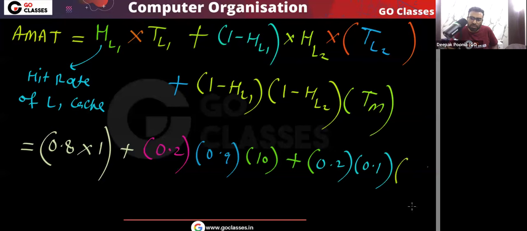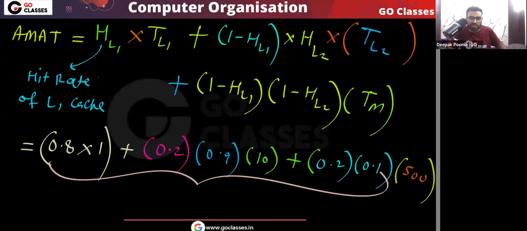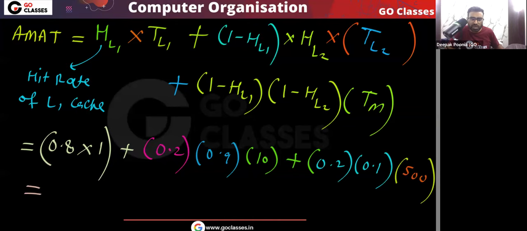Here we ignore the search time within L1 and L2, so the total access time seen by the processor is the main memory access time, which is 500 nanoseconds, so multiplied by 500. You can calculate this equation, and that value will be your average memory access time.